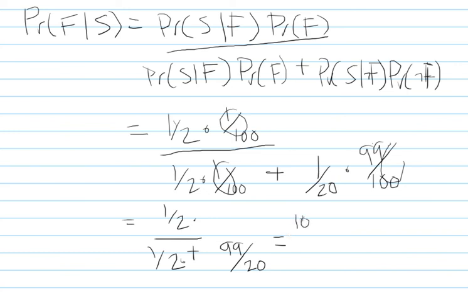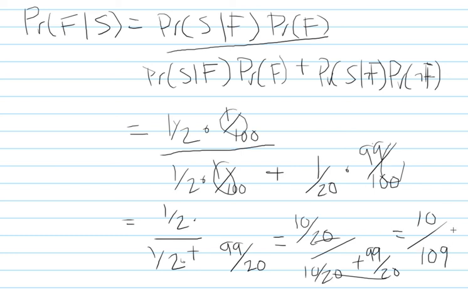So we'll have 10/20 over 10/20 plus 99/20. And that will mean that we have 10/20 over 109/20. And then these will cancel out. So what we'll get is 10/109 as our answer for the probability that he has the flu, given that he has symptoms.